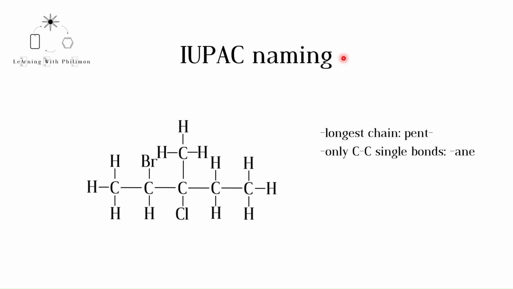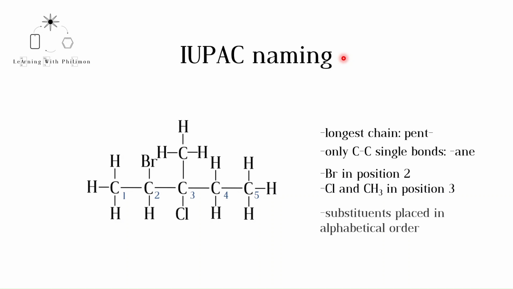In order for the substituent numbers to be the lowest possible, we must start counting from left to right. 1, 2, 3, 4, 5. The bromine atom is in position 2, whereas both the chlorine and the methyl group are in position 3. When you have multiple substituents, they need to be placed in alphabetical order. Hence the name of the compound is 2-bromo-3-chloro-3-methylpentane.